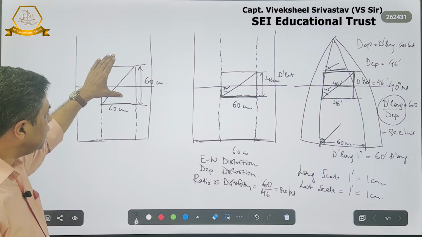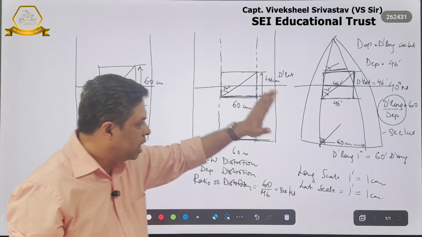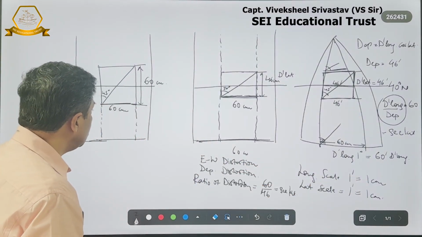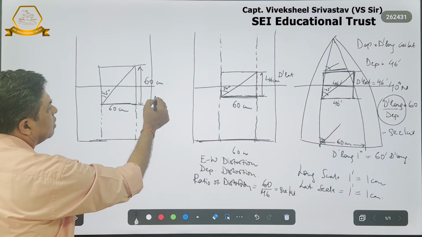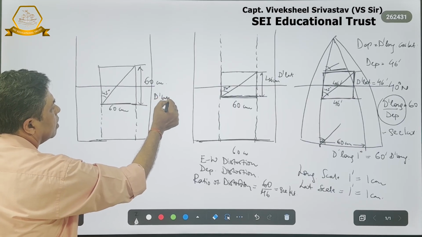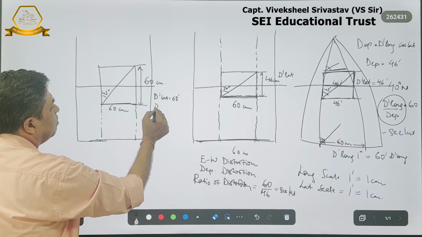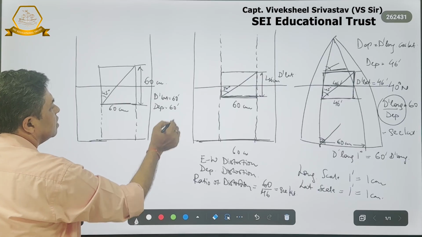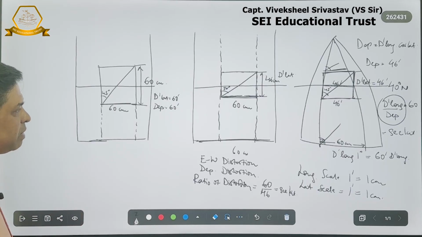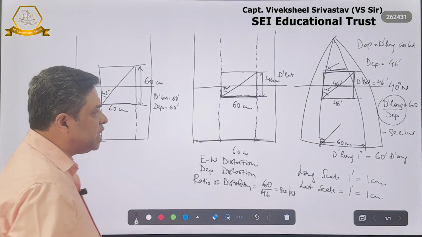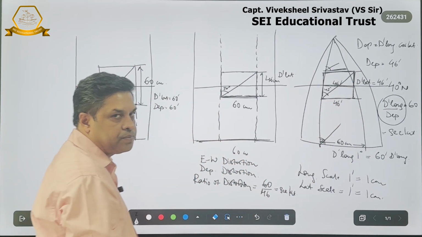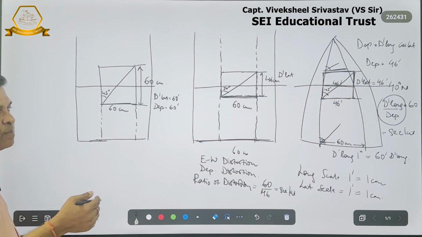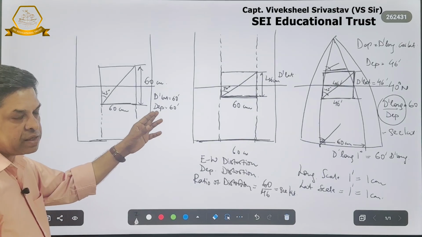So if we measure everything on our scale that we have assumed, DLAT will come out to 60 minutes and departure is 60 miles. But in actuality, the square is 46 by 46. The landmass is 46 miles by 46 miles, not 60 by 60.